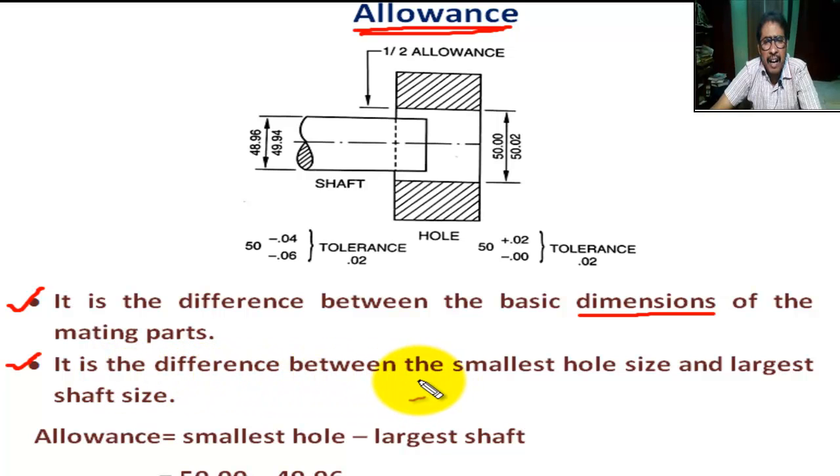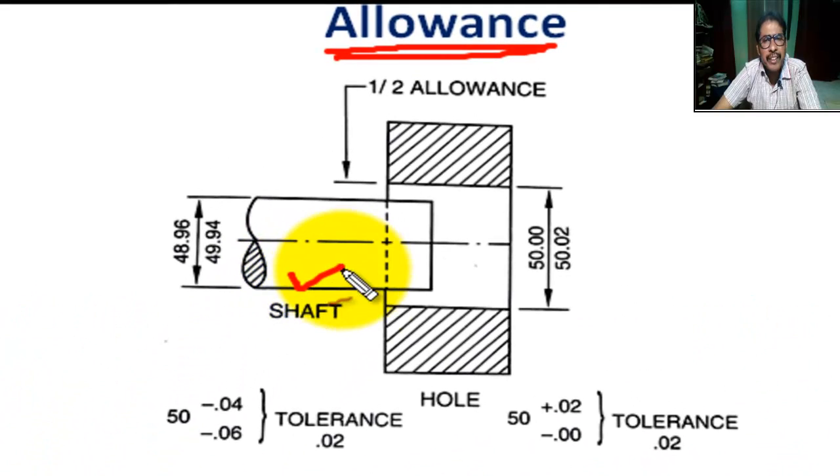It is the difference between the smallest hole size and largest shaft size. This is the shaft, this is the hole. Maximum shaft size 49.94, minimum size 48.96.